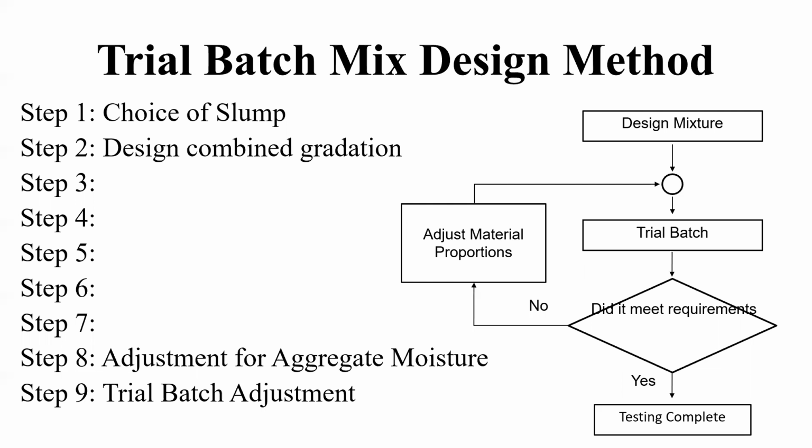You start trial batching, testing the concrete, saying, did it meet the requirements? If it didn't, adjust the proportions, change your mix design up a little bit, re-trial batch it until you get to someplace where you feel pretty comfortable with the performance of that specific mix.